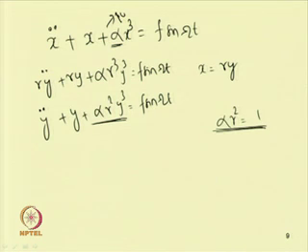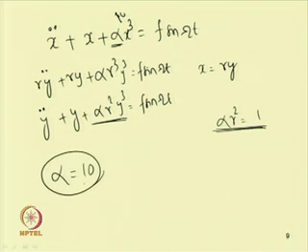If alpha is equal to 10 in the first equation, then this coefficient is very much higher than the coefficient of the linear term, 1. So, we cannot call this weak nonlinearity; in this case the nonlinearity is strong. To make it weak, with alpha equal to 10, I can put r square such that alpha r square is equal to 1.